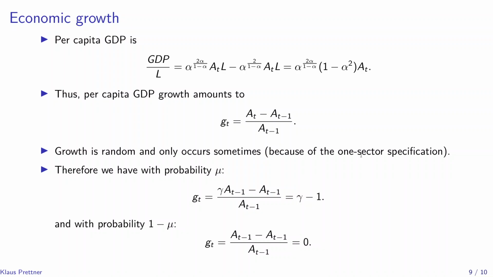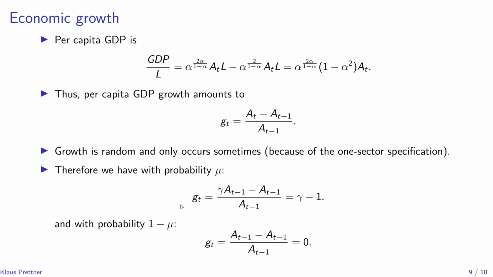Later, for the multi-sector specification, we will see that due to the law of large numbers, there is a fraction of firms that would have a successful innovation at each point in time, and that smooths out innovation over time. But here we have that growth occurs with probability mu. That's a successful innovation.